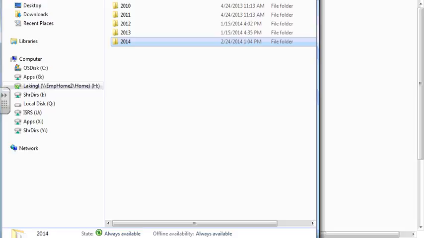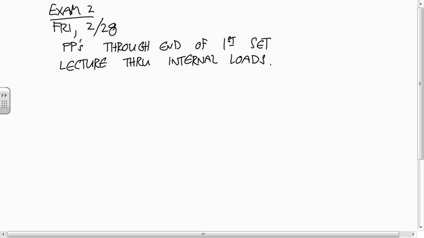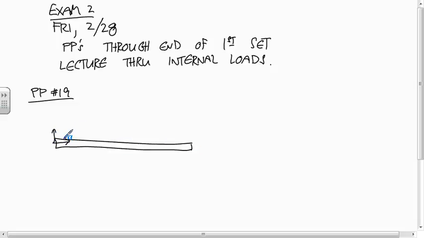Okay, so 19. You have a cantilever beam. That means you have a reaction force and a couple, and 2 triangular loads. One thing that's helpful about this is to think of those 2 right triangles.